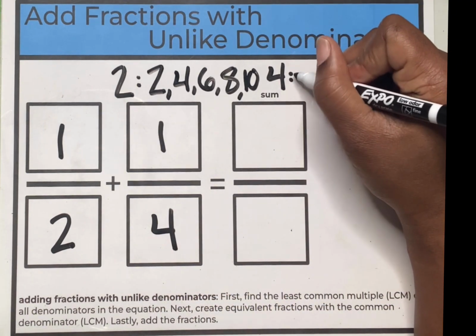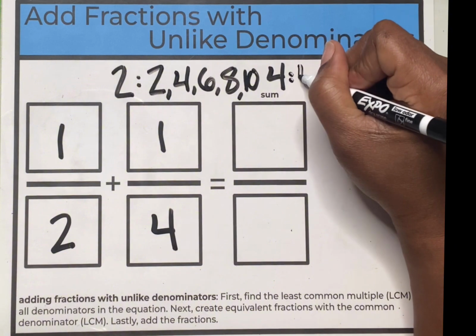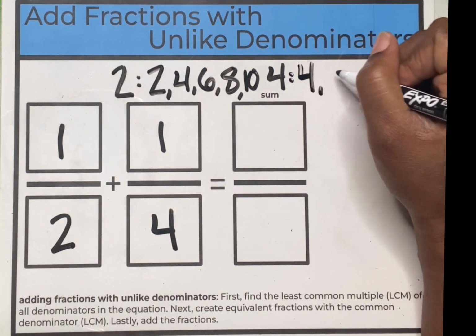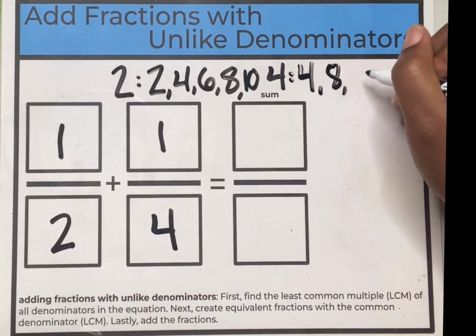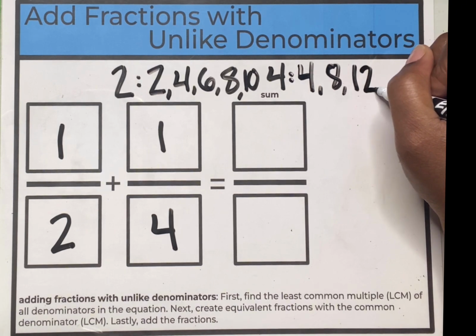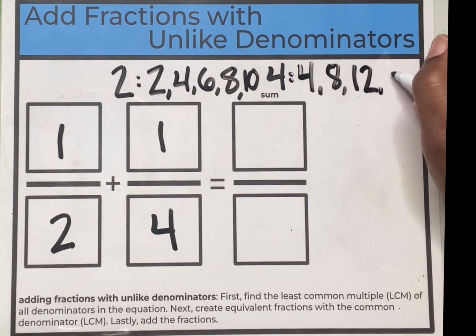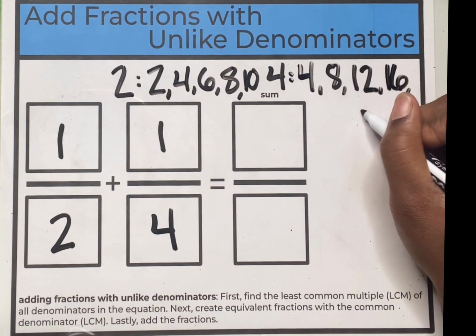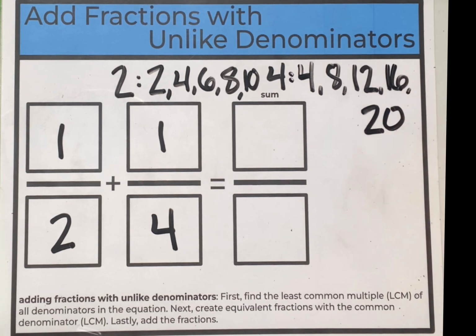We have 4, put your colon. 4 times 1 is 4, 4 times 2 is 8, 4 times 3 is 12, 4 times 4 is, very good, 16, and 4 times 5 is, hopefully you said, 20.